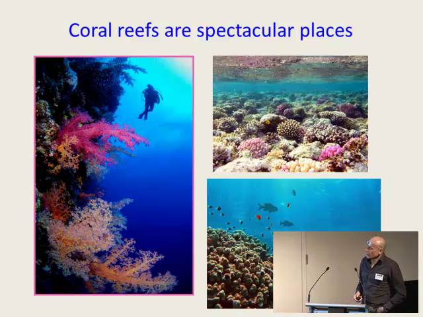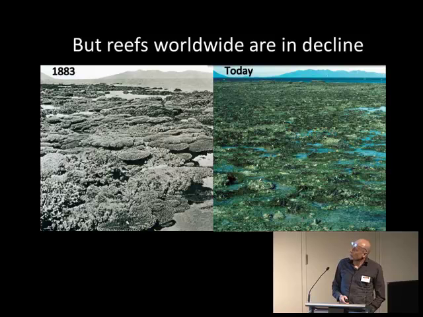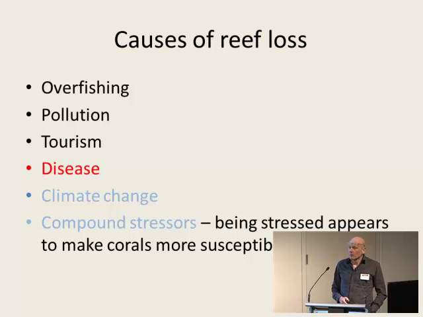Alright, so for this audience, I don't need to convince you that coral reefs are spectacular and beautiful places, but of course things are going wrong. We've heard a lot about how things go wrong over the last few days. Reefs worldwide are in decline for a number of reasons, including diseases. So coral disease is a problem worldwide.